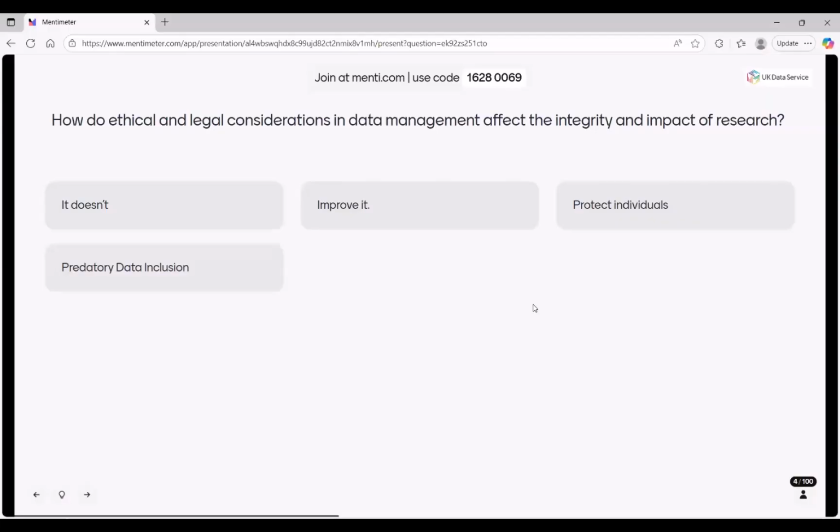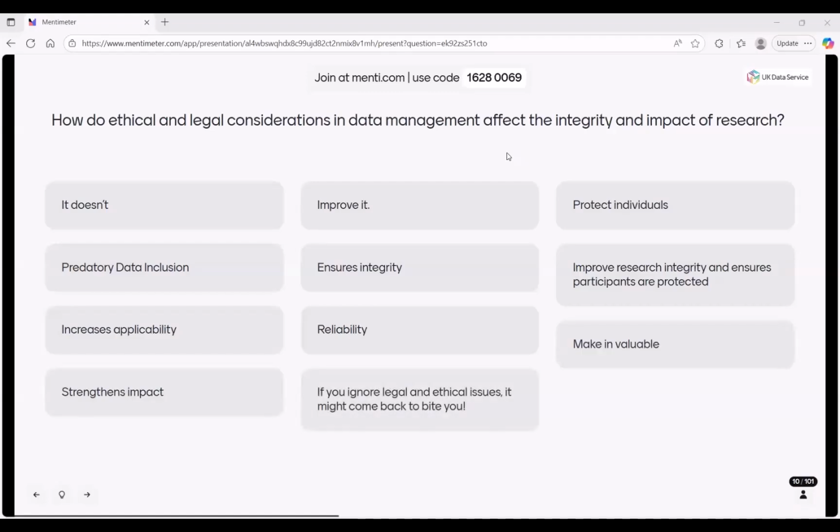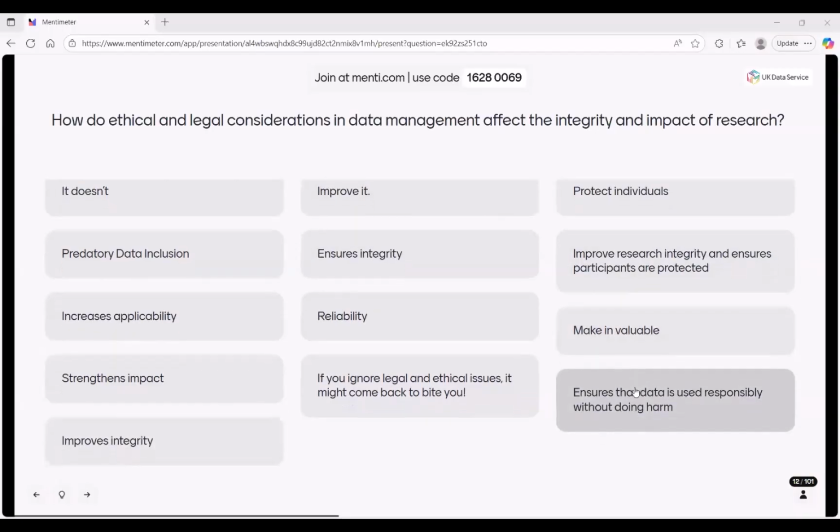Improve it, protect individuals, prevent predatory data inclusion. Increases applicability, ensures integrity, improves research integrity. Yeah, that's right.